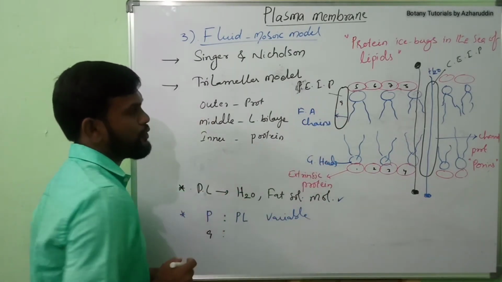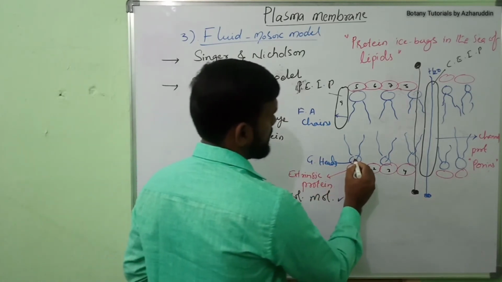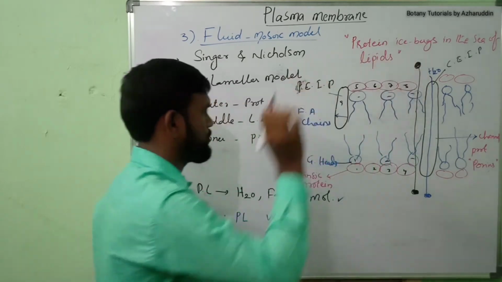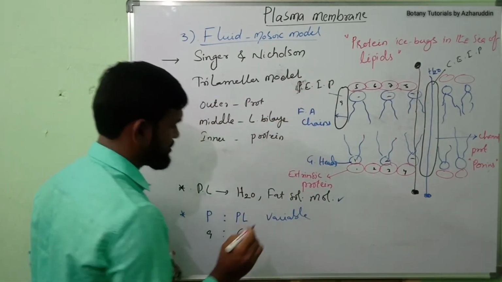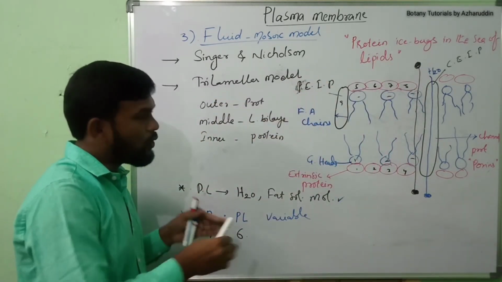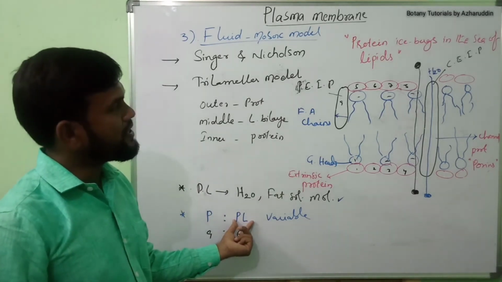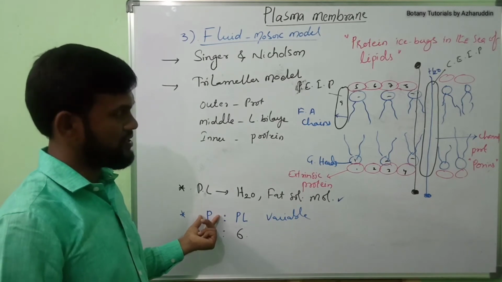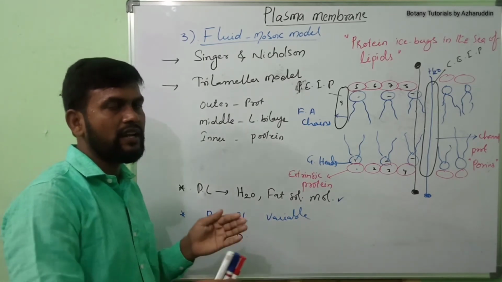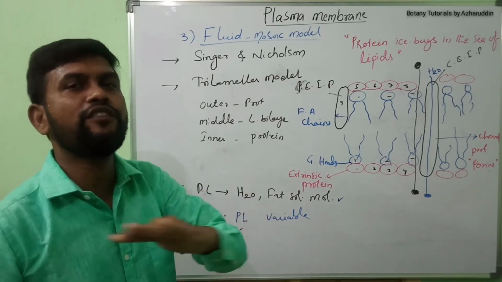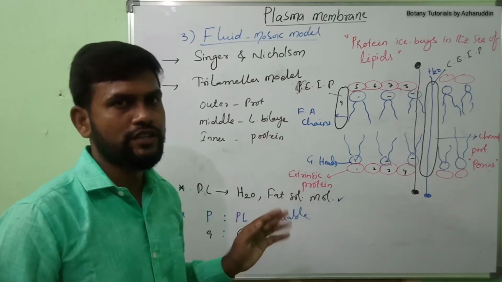Next, how many phospholipids are present? 1, 2, 3, 4, 5, 6. Six phospholipids are present. How does their number change? Phospholipids generally move in two ways: flip-flop movement and transition movement.